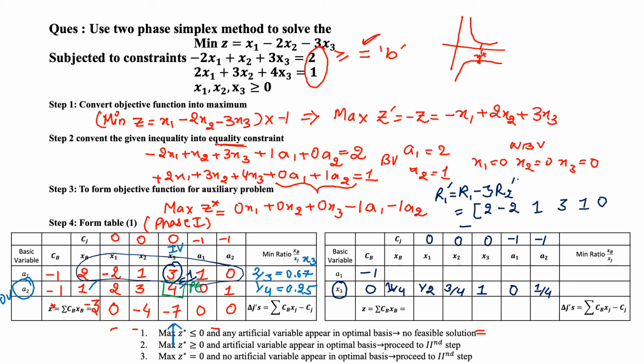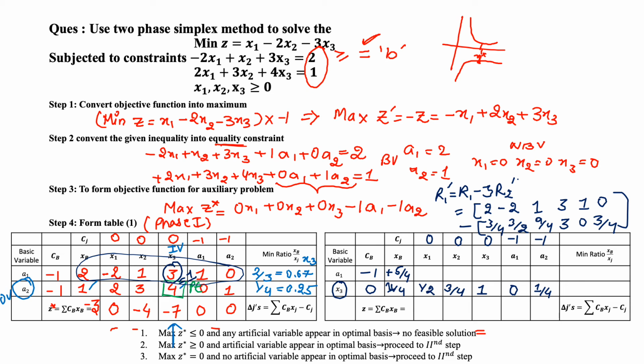Okay, so that will be 3 by 4, 3 by 2, 9 by 4, 3, 0 and 3 by 4. Now subtract these rows and you will get your new elements. So the new element value is 2 minus 3 by 4, which is plus 5 by 4.